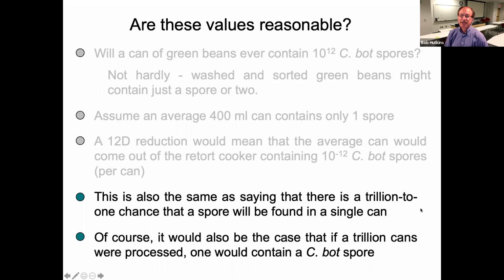One of those could conceivably contain a CBOT spore. So if we did all those Campbell soup cans, one of those, in theory, could contain a CBOT spore. Okay, everybody follow that? That's why I introduced this concept of risk, because we can never get to 0. But we reduced the odds to 1 in 1,000,000,000,000.